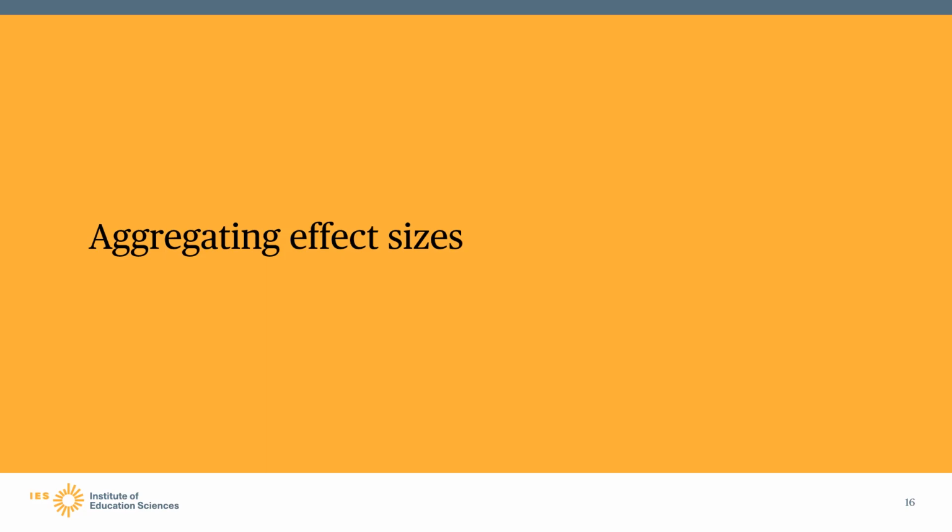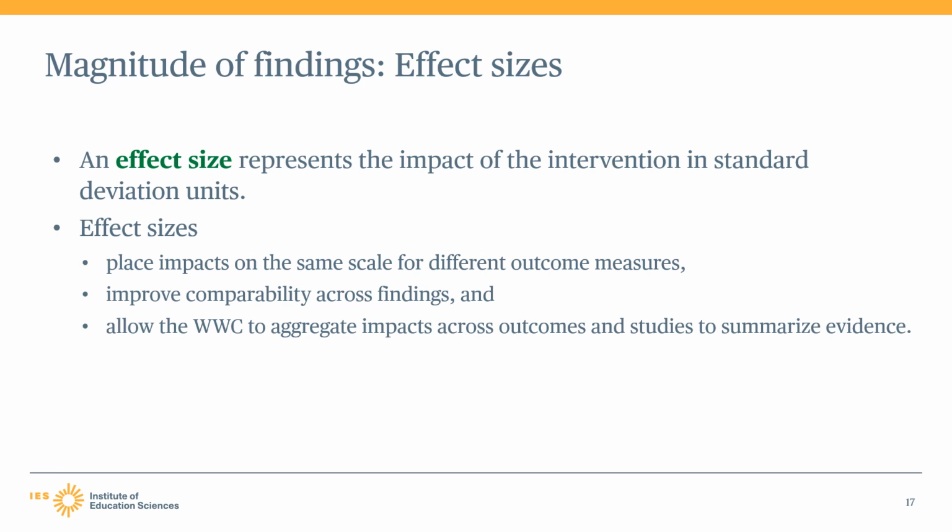Now that we've discussed study level ratings, let's discuss how the WWC aggregates findings within a domain, both within studies during an individual review and across studies for synthesis. Remember that the WWC calculates effect sizes to measure the magnitude of findings.